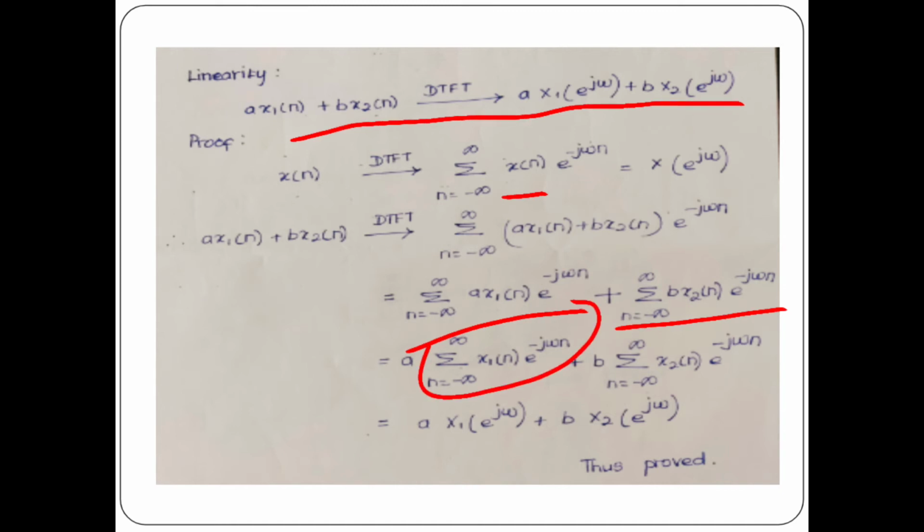This is the same thing as summation x1 of n e power minus j omega n, which is X1 of e power j omega. Similarly, this is X2 of e power j omega. Thus we have proved the linearity property.